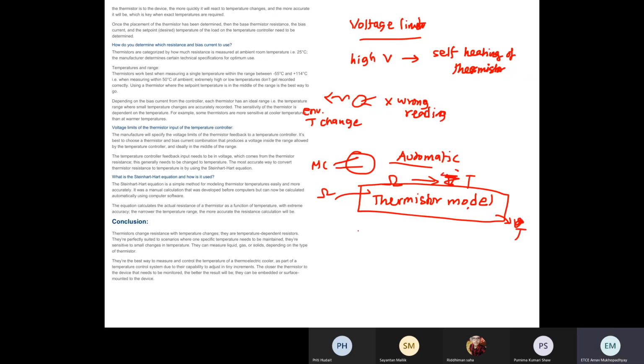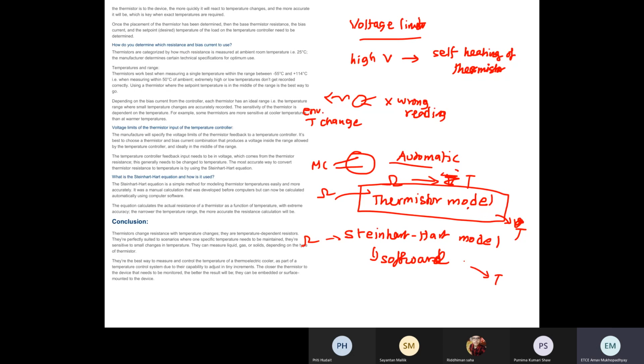The best model that has worked till now is the Steinhart model. It is a very simple model that is generally programmed as software into microcontrollers or your temperature detector devices that can take in the resistance and output the temperature.